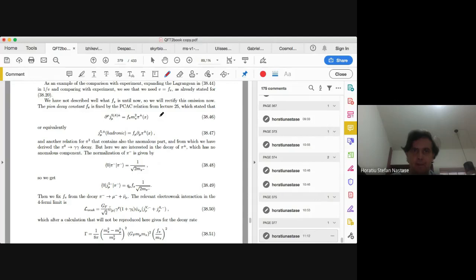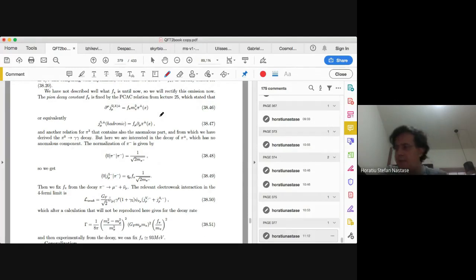Okay. I've not described for you until now what this f pi, the pion decay constant, is. We remember it from the Sutherland-Veltman relation from lecture 25, which stated that the anomaly in the chiral symmetry, so d mu j mu 5a plus or minus, was equal to f pi m pi squared pi plus minus.